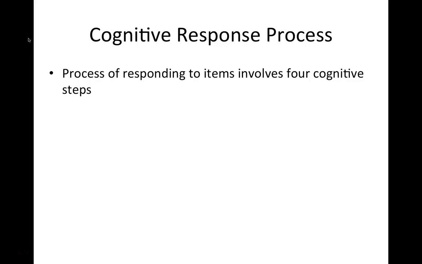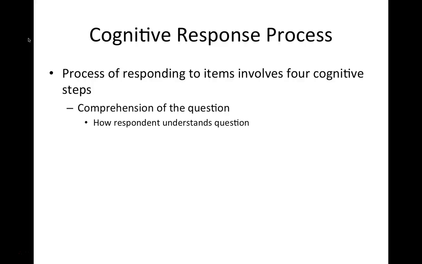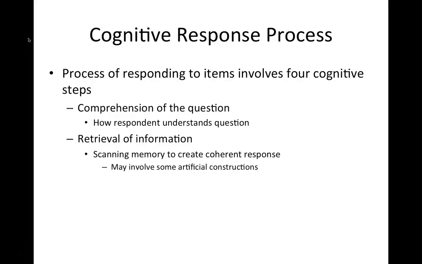A lot of people identify this cognitive response process that people go through to answer questions. So responding to items or questions involves 4 sort of cognitive steps. The first is being able to understand or comprehend the question. The second is being able to retrieve that information, to scan the memory, to create some sort of a coherent response.